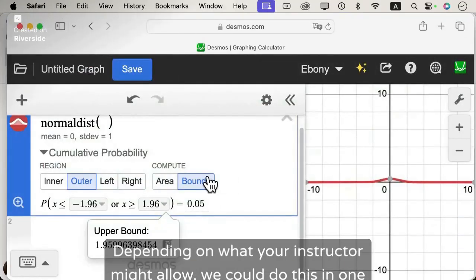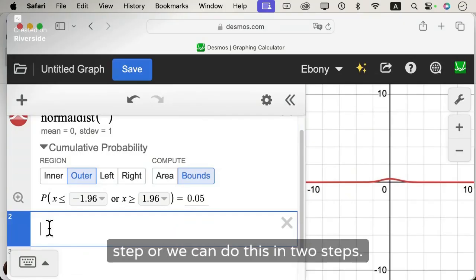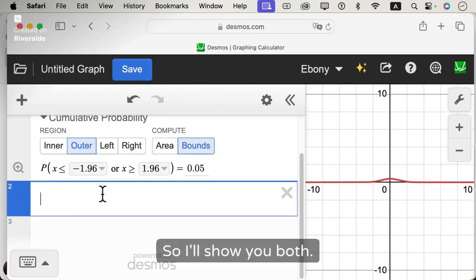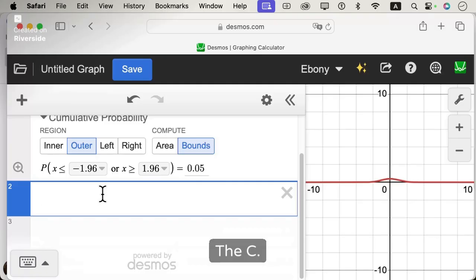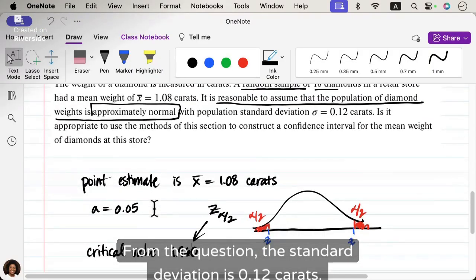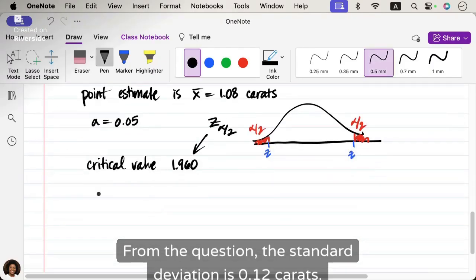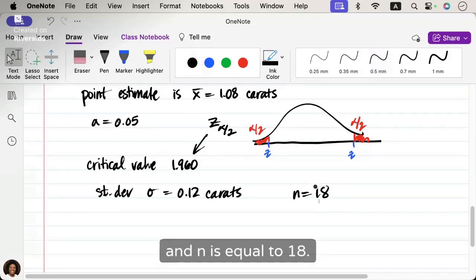Depending on what your instructor might allow, we could do this in one step or in two steps. So I'll show you both. From the question, the standard deviation is 0.12 carats. And n is equal to 18.